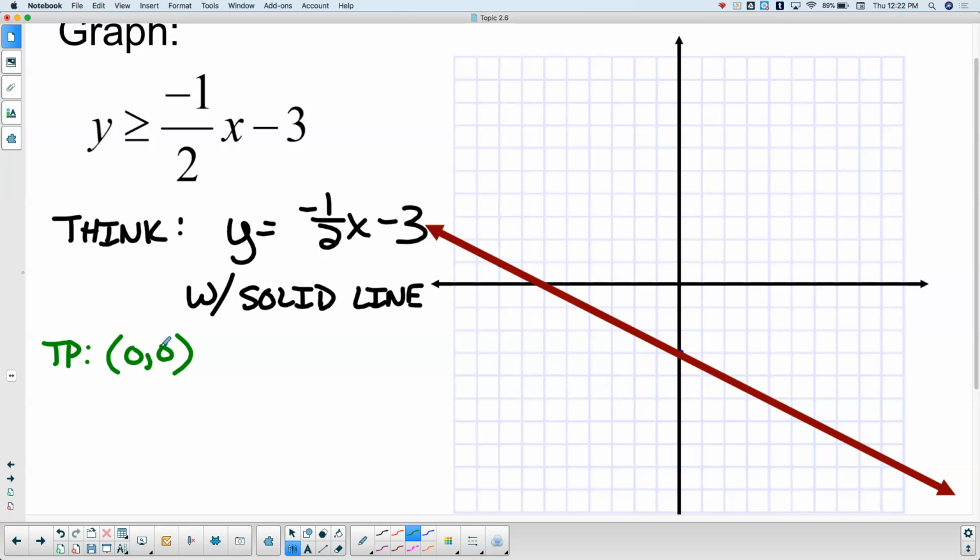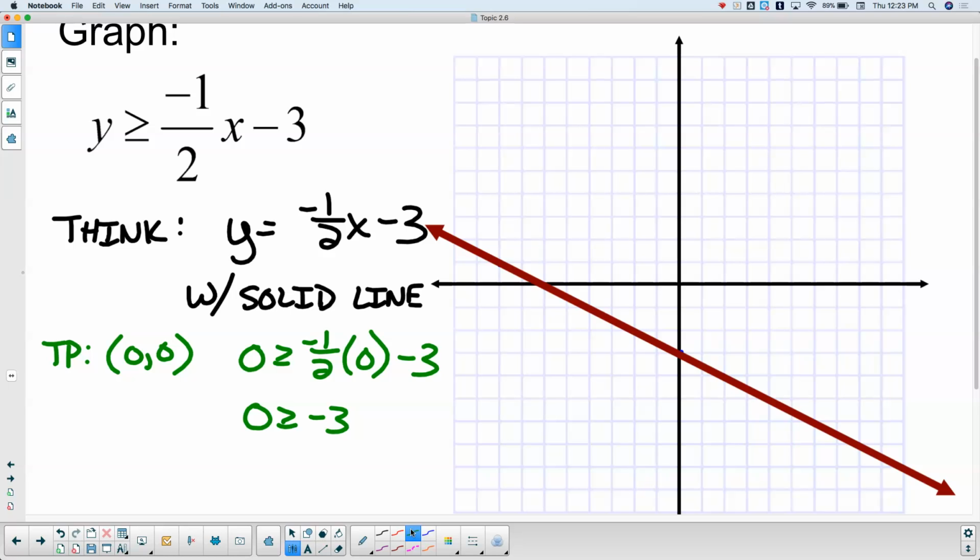Okay? So now I go back to my original inequality where it's 0 is greater than or equal to negative 1/2 times 0 minus 3. Negative 1/2 times 0 is 0, minus 3 is negative 3. Is 0 greater than or equal to negative 3?